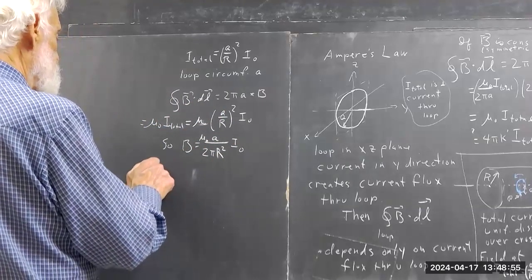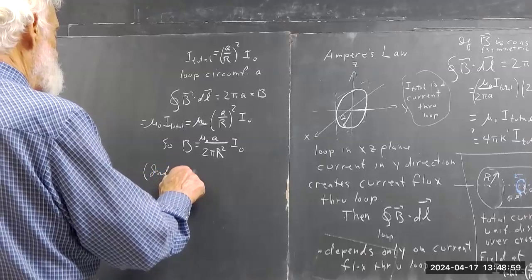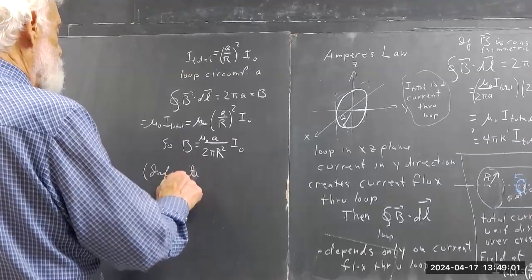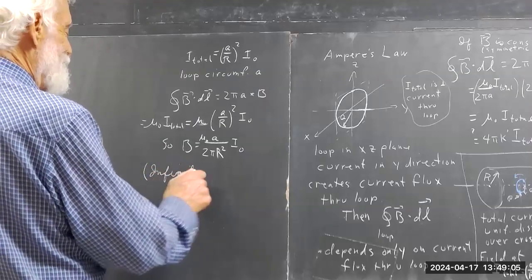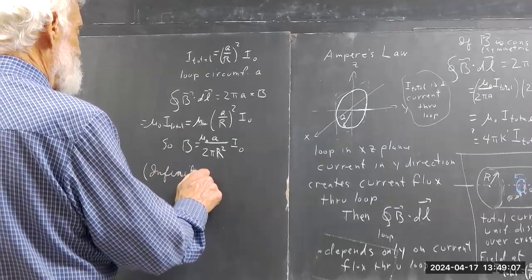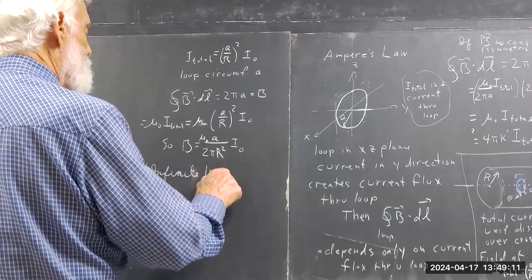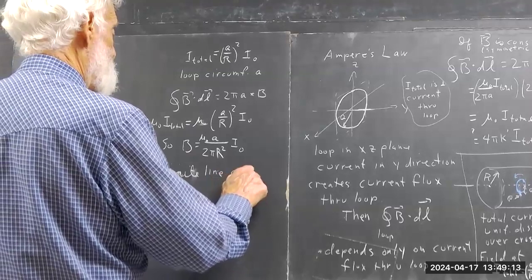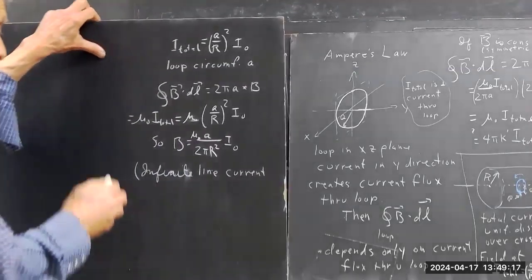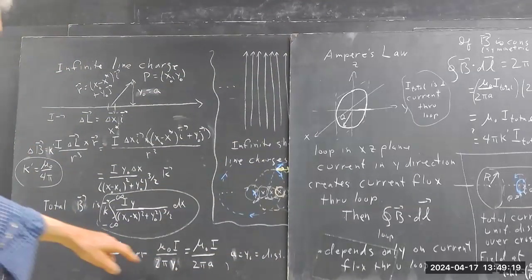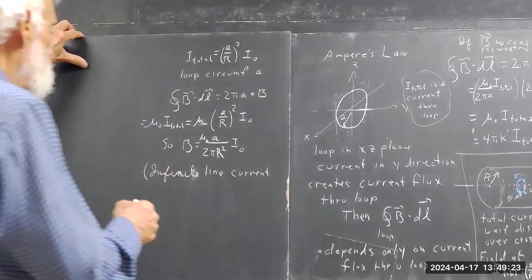For an infinite line current, and I'm sorry, I keep lapsing into the wrong word, this word is infinite. For an infinite line current, we just saw that the magnetic field is mu naught I over 2 pi a.